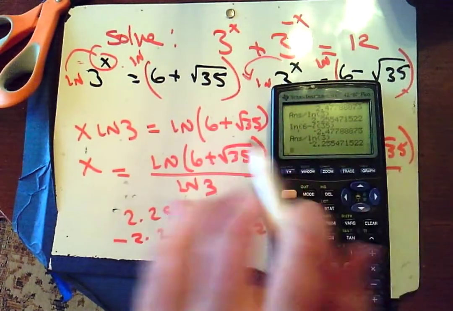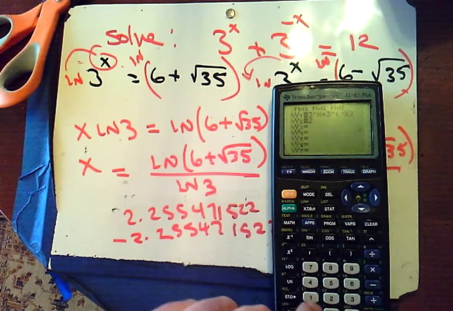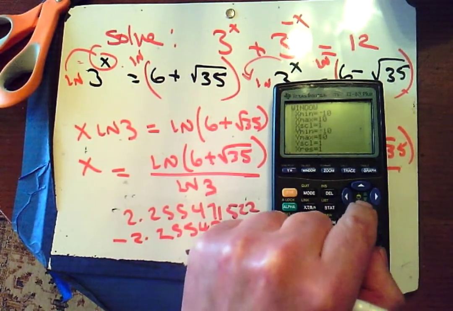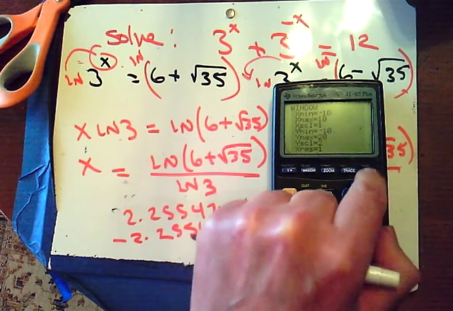And so let's check this out graphically as well. So graphically, I'm changing this 2 to a 12. And I'm going to need to change my viewing window to get more y into it. So let's go to 20 in steps of 2.